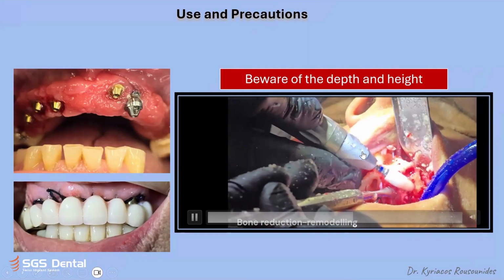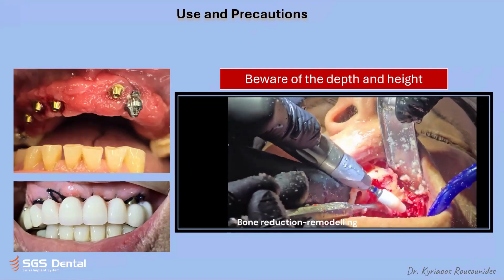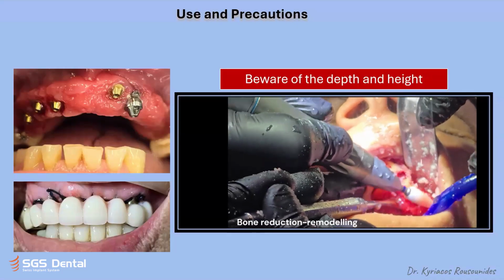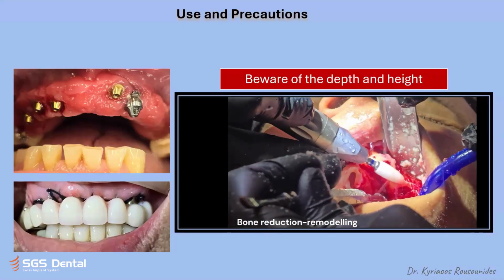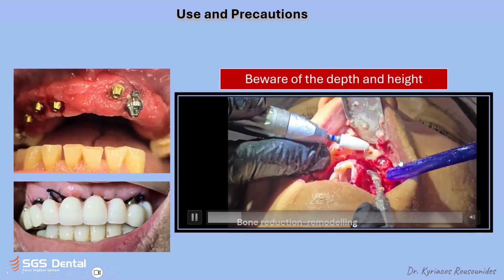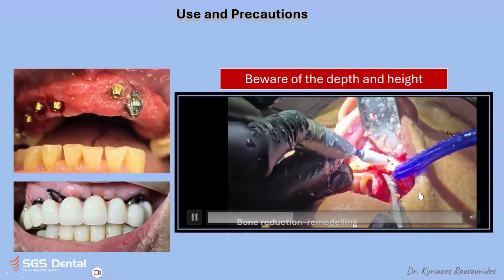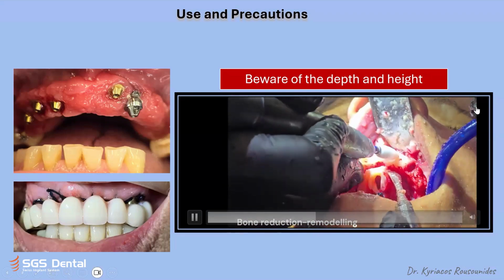We had the implant there, it was good. We decided not to remove it and we adjusted the prosthetic. This is not how we do this nowadays. We better try to find one level with a bone reduction, a remodeling.